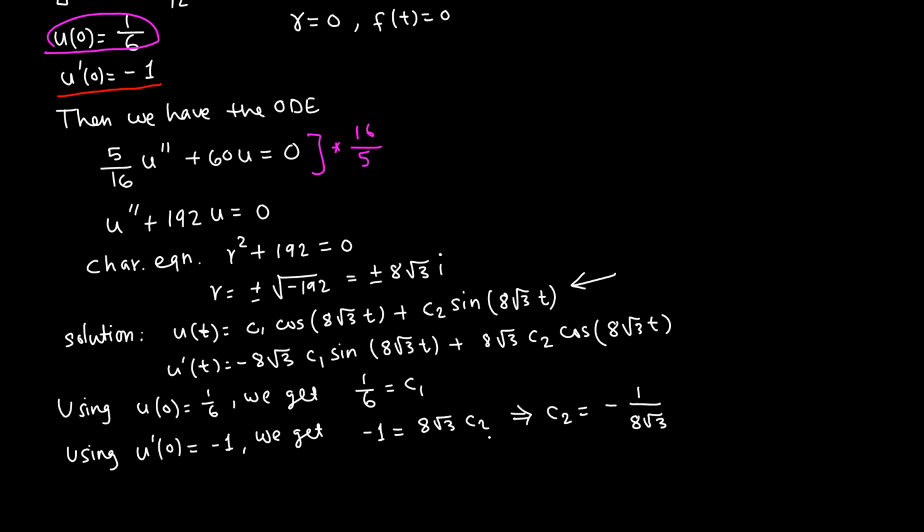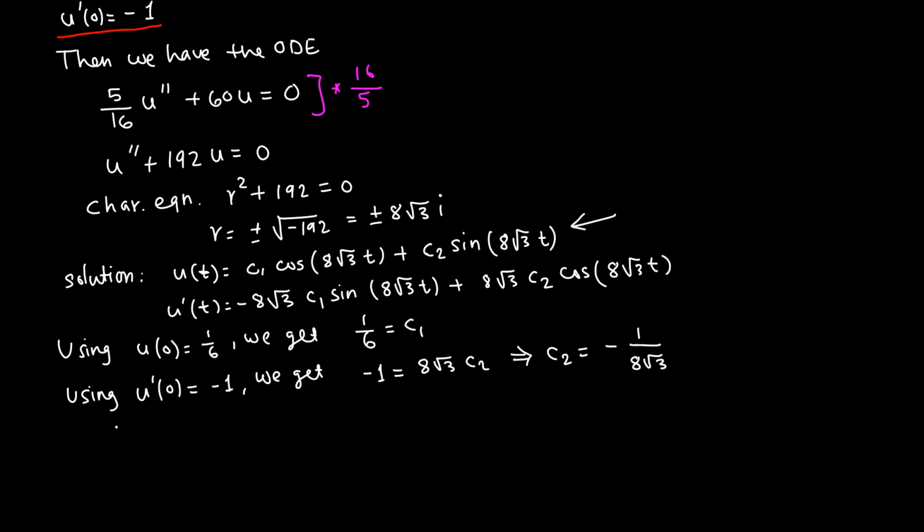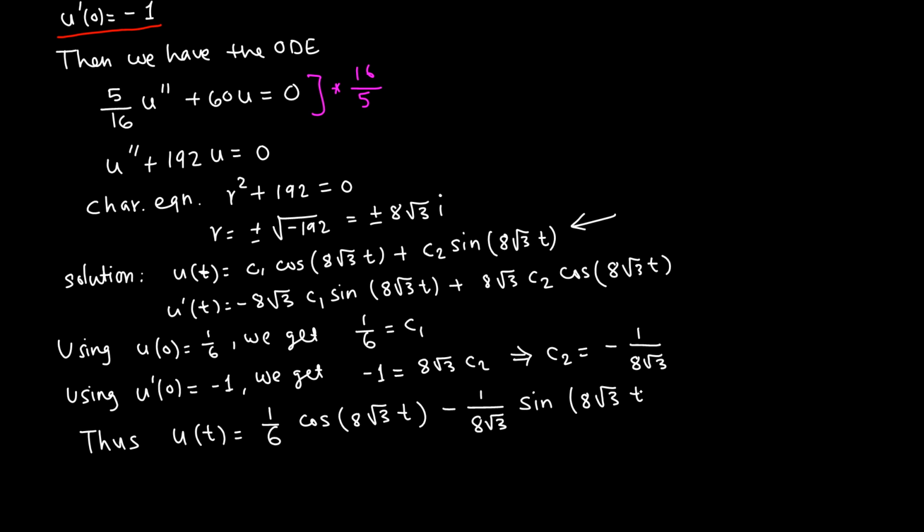Okay, so thus the solution is u of t equals c1, that's 1/6, cosine 8√3 t, plus c2, c2 is -1 over 8√3, sine 8√3 t.